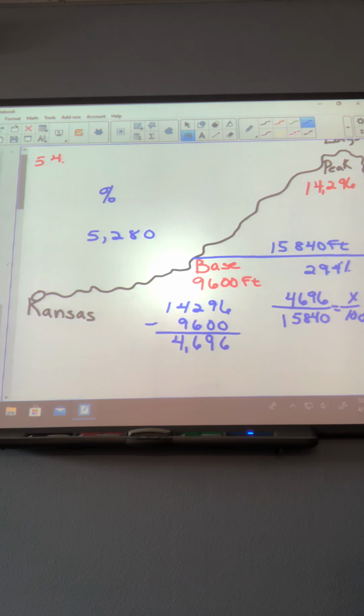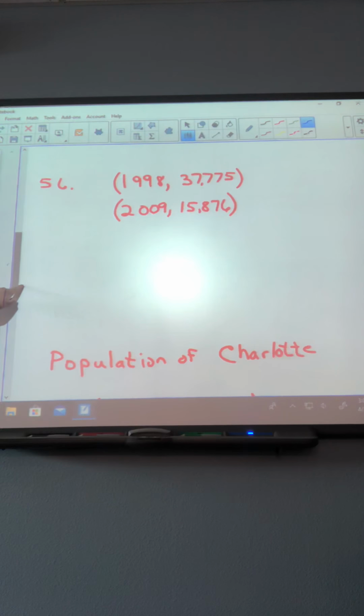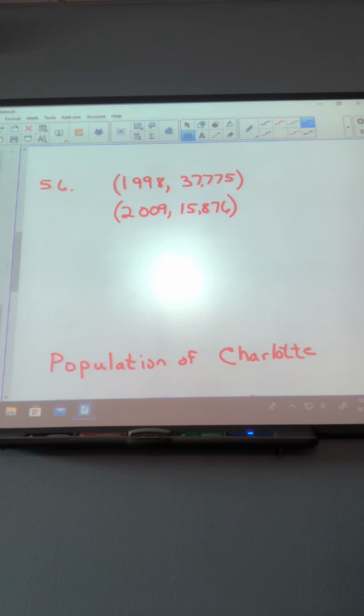Okay. All right, so let's continue and let's look at that graph on page 679 that shows the injuries on farms. So number 56 says, in 1998, there were 37,775 injuries on farms to people under the age of 20.